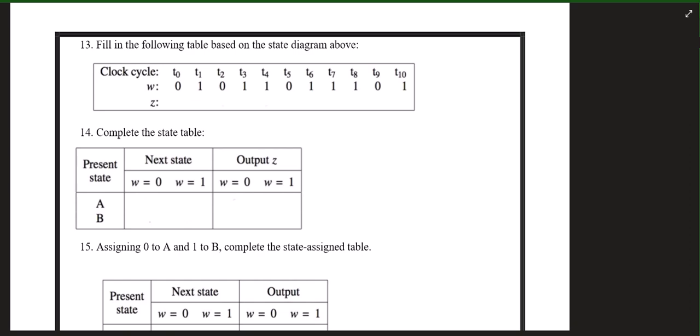This is a Mealy machine, so it does depend on the inputs, so we're actually not looking at the previous input. We're looking at the current input. I am very sorry. We're looking at the current input. And so if the current one and the one before are 0, so that's 0, 0, 0, 0, and then this is going to be 1 because the current input and the one before, and 0, 0, 1, 1, 0, 0.